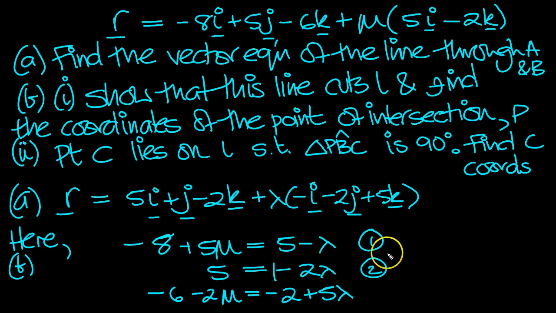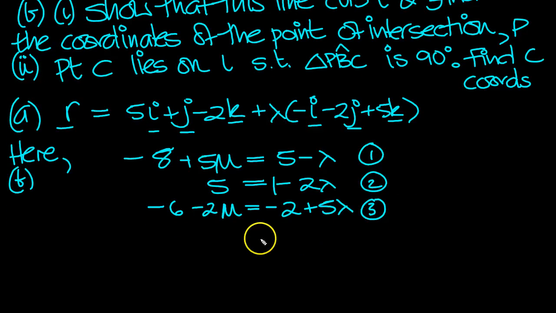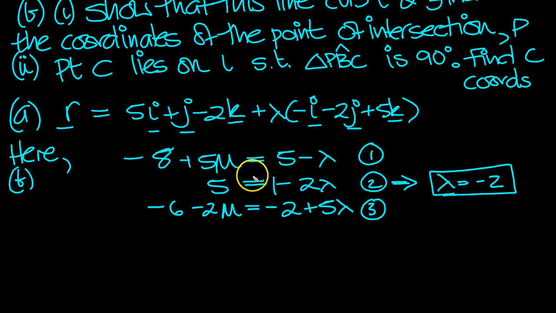This one here, equation 2, will give us lambda. You can see that to get 5, you need this to be minus 2k: 1 plus 4 is 5, so straight away you can see that lambda is minus 2. So in that case we can read off mu.